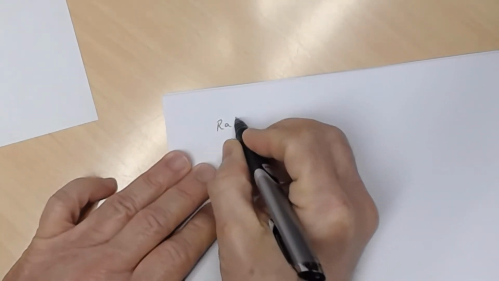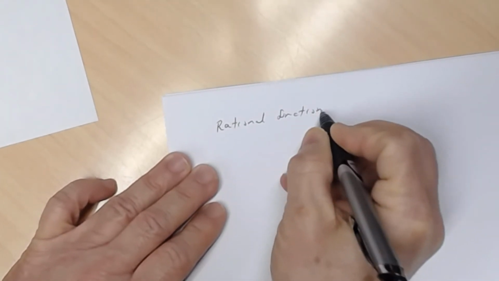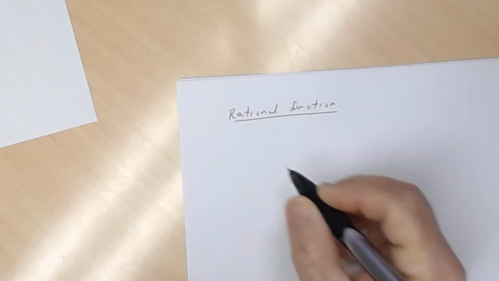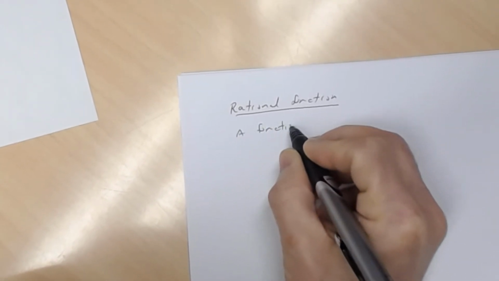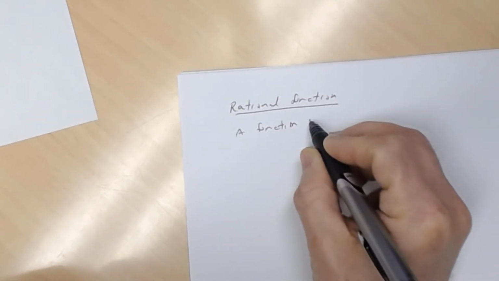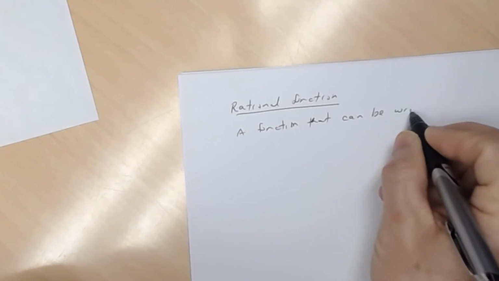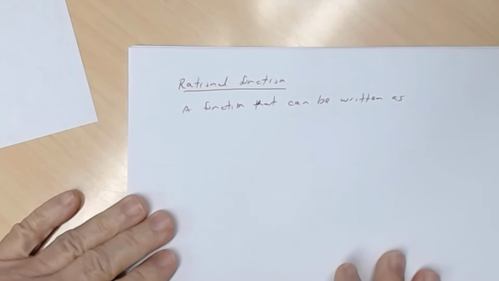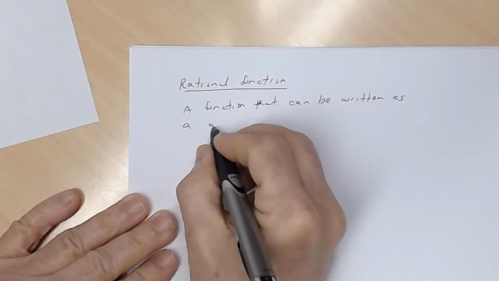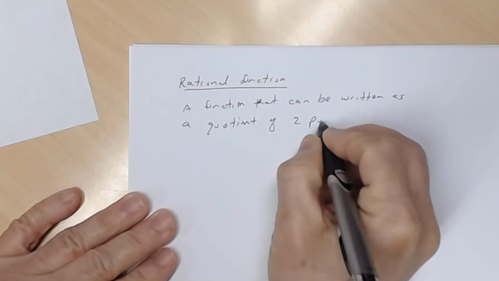So a rational function is a function that can be written as a quotient of 2 polynomials.